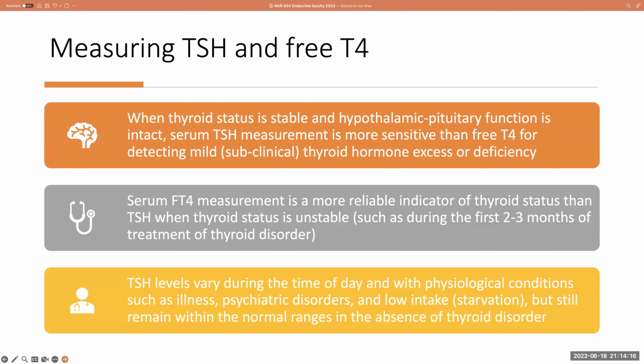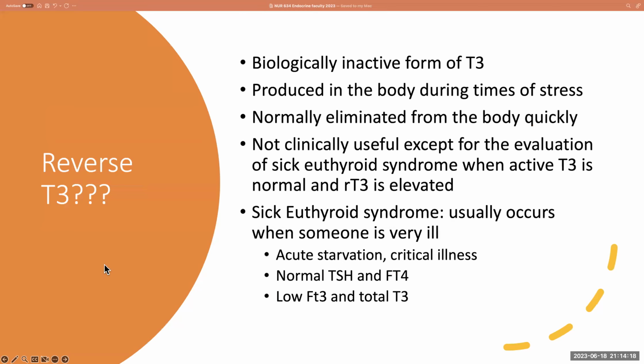There's one other that's come around called the reverse T3. It's a biologically inactive form of T3. It's produced in the body during times of stress, and it's eliminated from the body really quickly. So it's often not very clinically useful for the evaluation of thyroid disease.